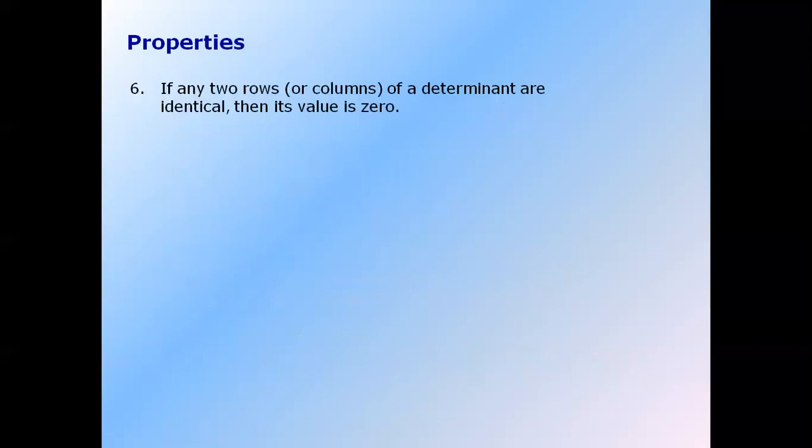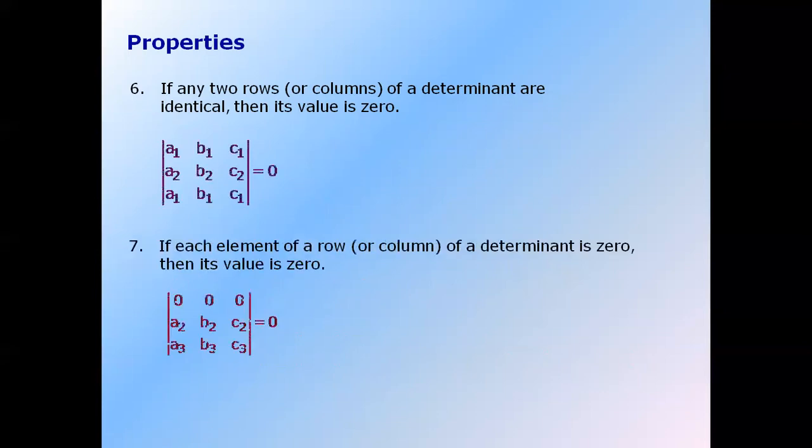Next property is if any two rows or columns of a determinant are identical, then its value is 0. Means first row and third row are the same. If we take the determinant of this matrix, then we get the value 0. Or first column and third column are the same, then the value of this determinant will be 0.